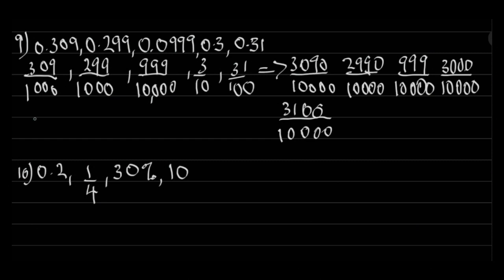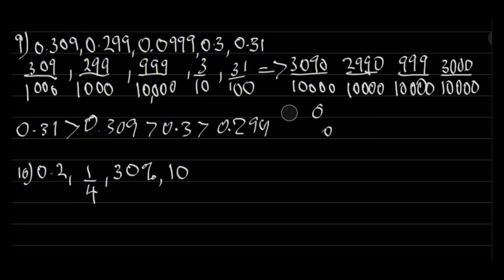So from the highest, we have 31 over 100, which is 0.31, greater than 3,090, which is 0.309, which is also greater than 3,000, which is 0.3, which is also greater than 299, which is 0.299. I would have to clean this here.